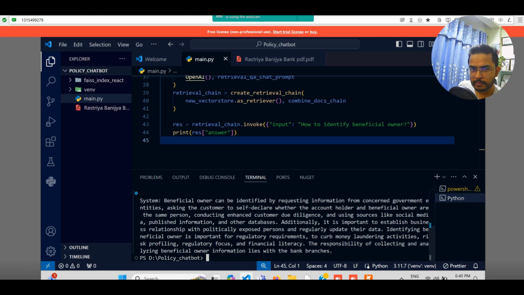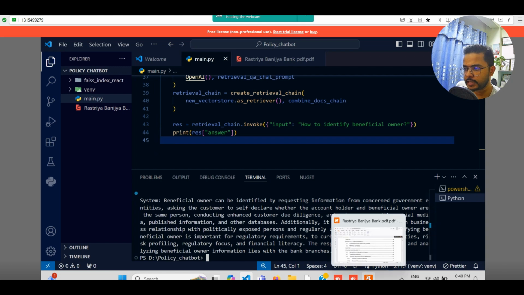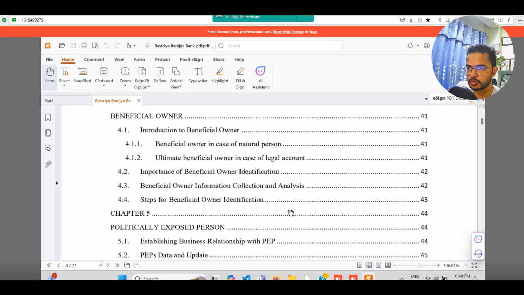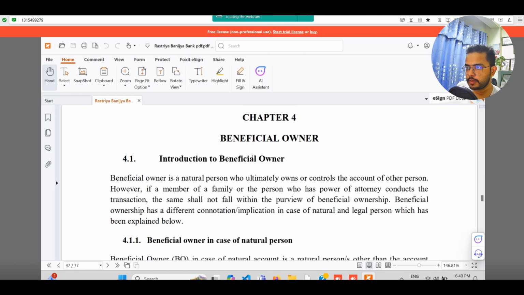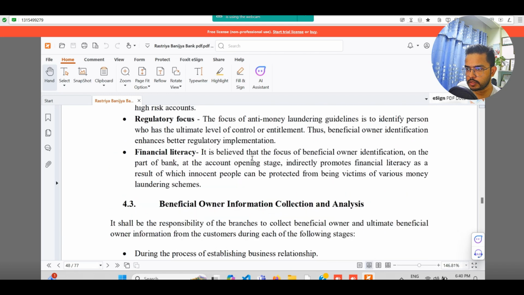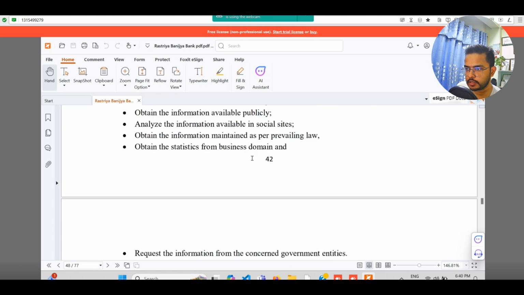Okay, now let me verify this with the policy, if it is exactly mentioned over there or not, right? So I'll go here. So this is beneficial owner, right? So let me go through this. Where is the process of identification?